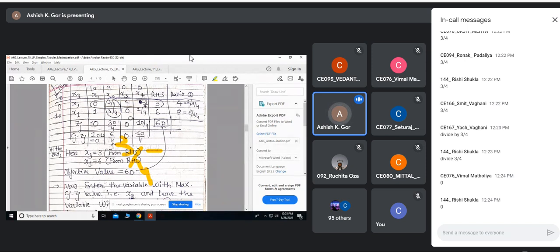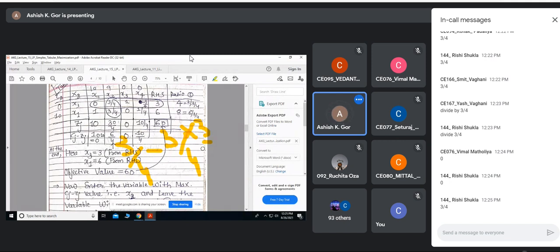Why is it 0? Corresponding key row value and corresponding key column value. For 3 by 4, what is the corresponding key row value? 3 by 4 itself. And what is the corresponding key column value? It is also 3 by 4.